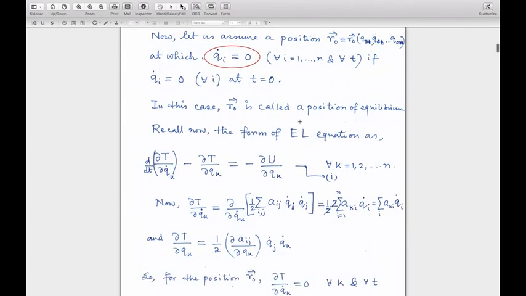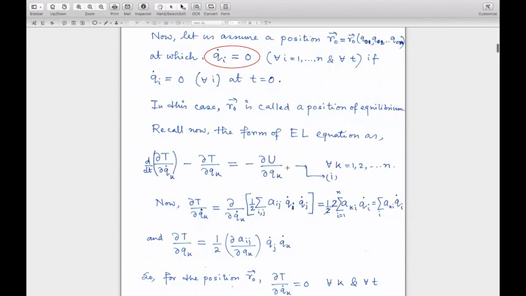Now recall the form of the Euler-Lagrange equation as d/dt of ∂T/∂q̇_k minus ∂T/∂q_k is equal to minus ∂U/∂q_k. So this is not the final form of the Euler-Lagrange equation.